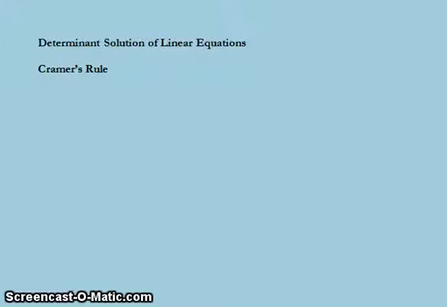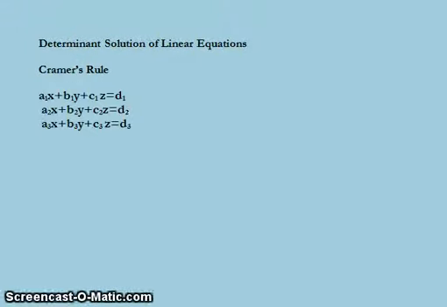In order to find the solution of linear equations, we are now going to derive Cramer's rule by the use of three simultaneous equations, which are a1x plus b1y plus c1z equal to d1. The second equation is a2x plus b2y plus c2z equal to d2.